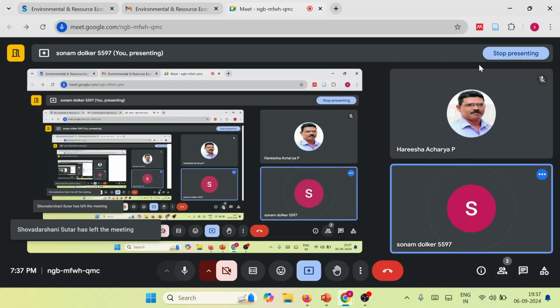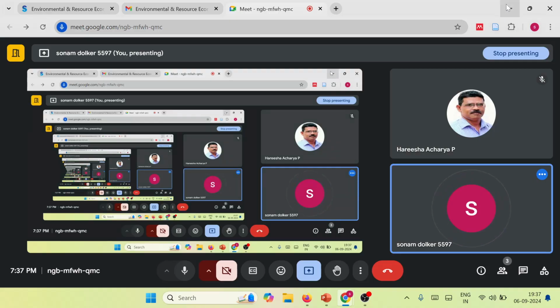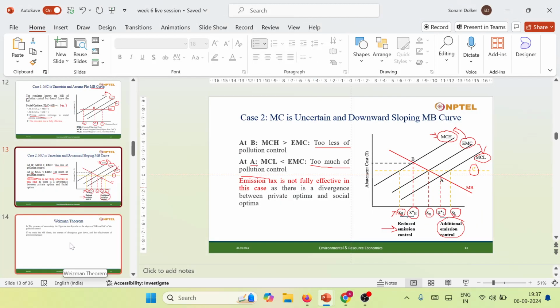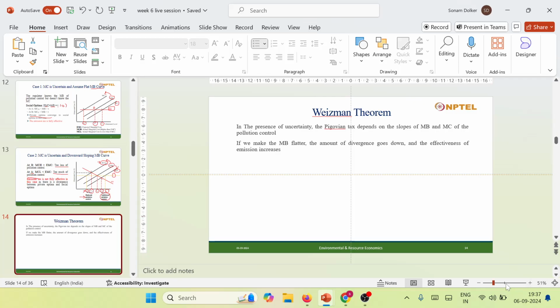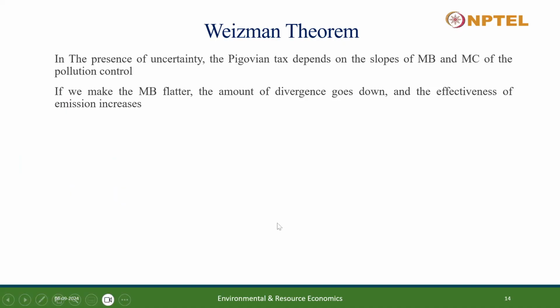Okay, then we have discussed the Weitzman theorem. The Weitzman theorem stated that in the presence of uncertainty, the Pigouvian tax depends on the slope of MB and MC of the pollution control.